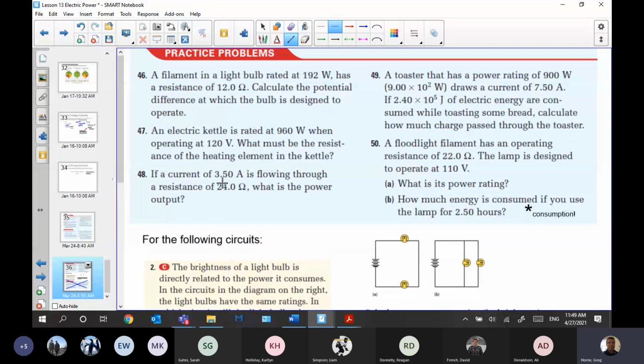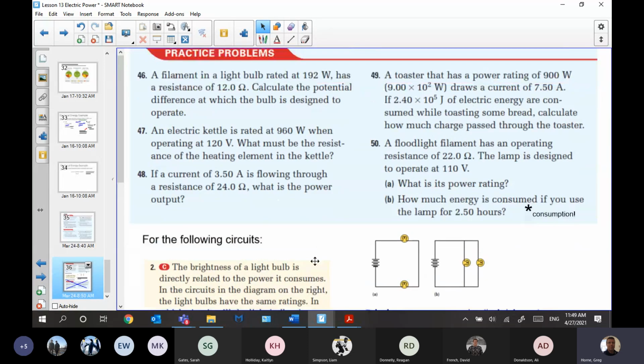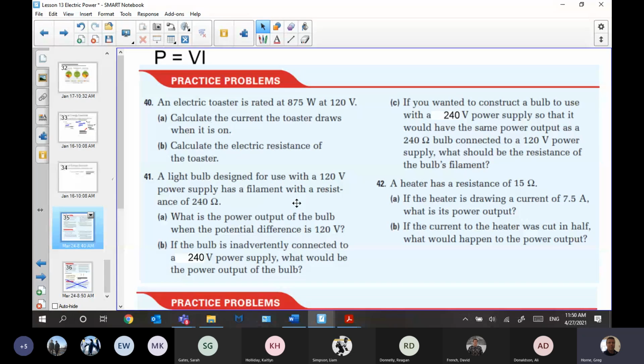So the solutions for these, when you're going through these questions, I want to point out one thing. Just remembered. If you look at question 40, for example, question 40 is harder because you have to use the power and the voltage equation in comparison to which one.